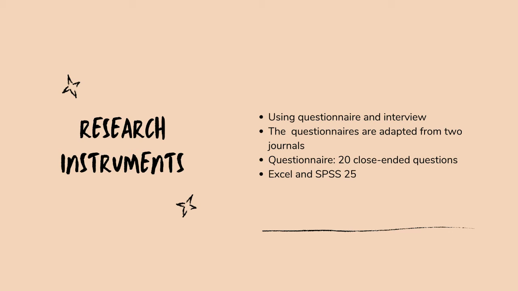In the questionnaire, there will be around 20 close-ended questions, and the participants are required to answer with the following responses, such as strongly agree, which equals 4, agree, which equals 3, strongly disagree, which equals 2, or disagree, which equals 1.